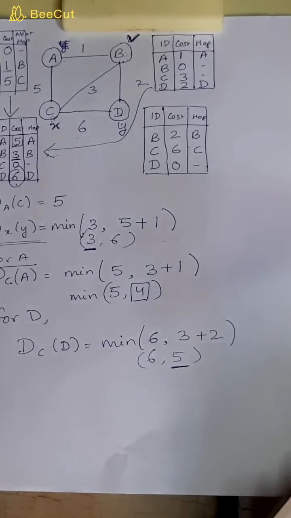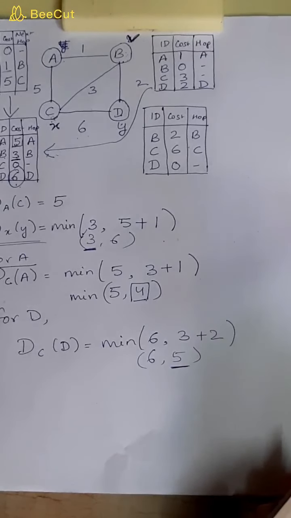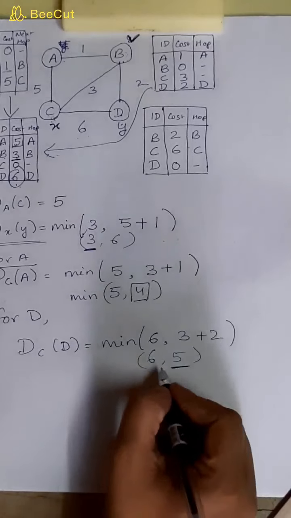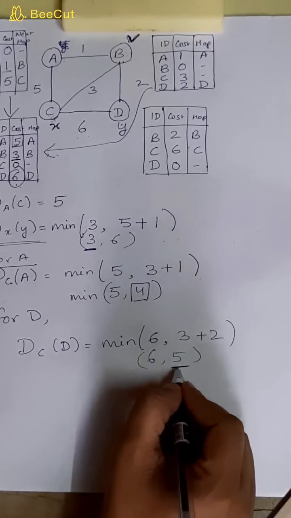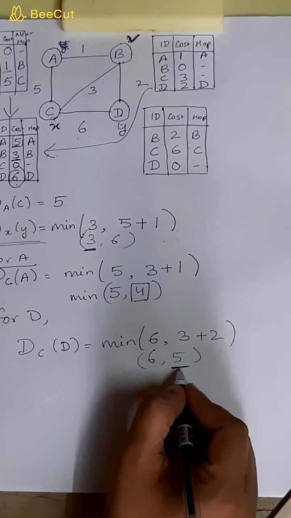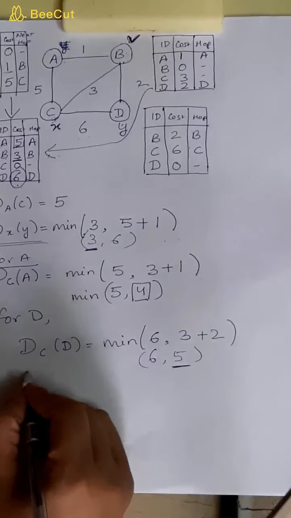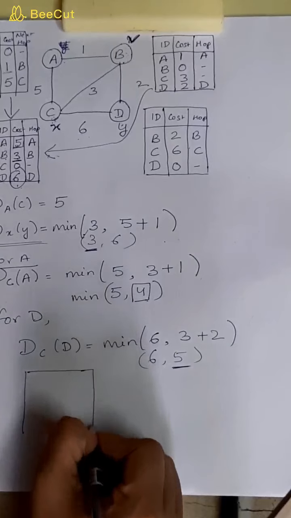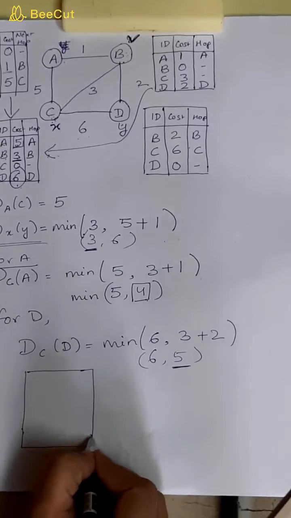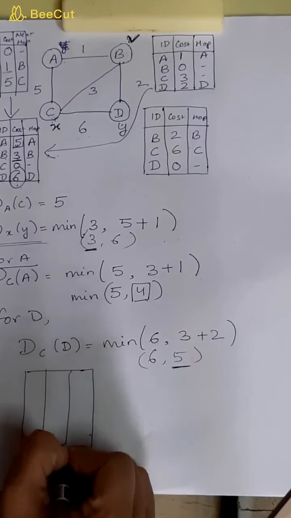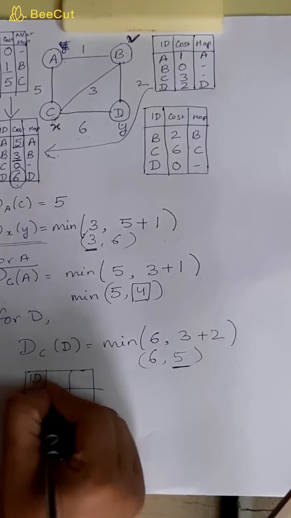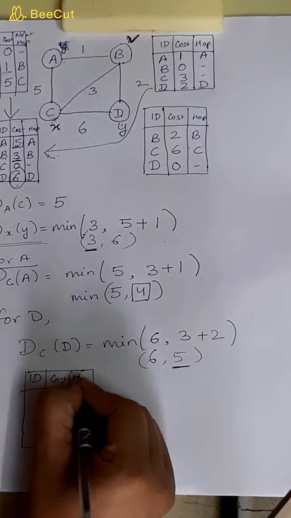So what we are going to do here also, we'll update the table of C and we'll send all the packets which are coming for D via B. So now the new table for C will be ID, cost, next hop.